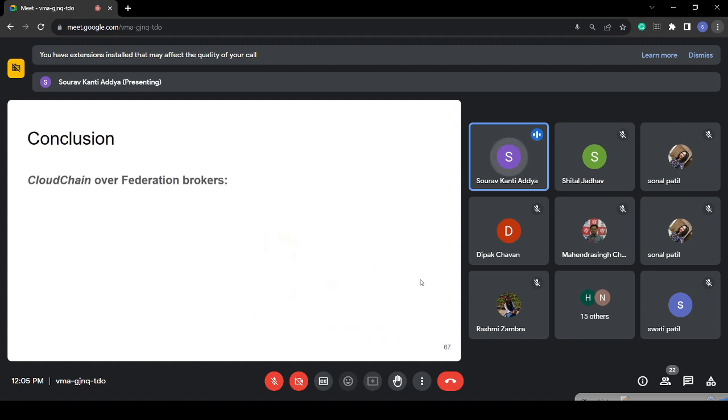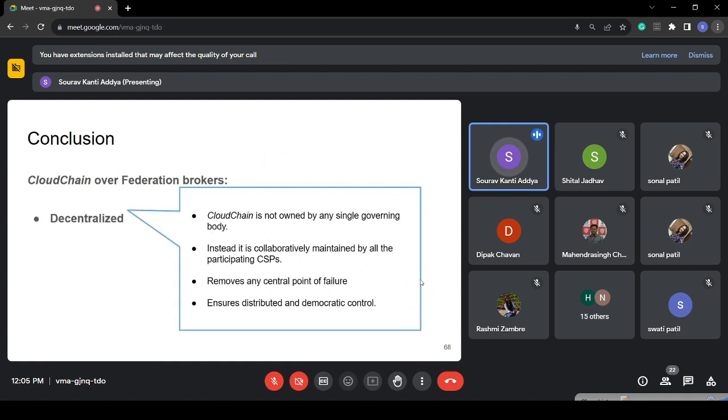In conclusion, cloud chain over a federated broker is decentralized, with no central authority. What is the concept of blockchain? Cloud chain is not owned by any single governing body, but collaboratively maintained by all the participating CSPs, cloud service providers.